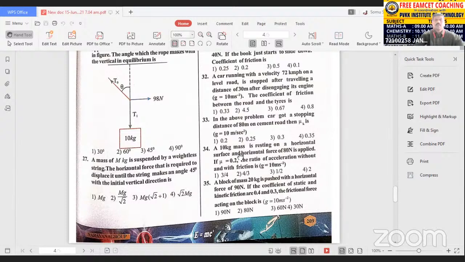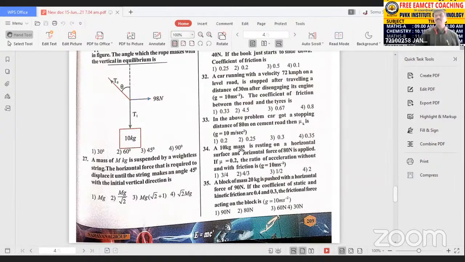Next, problem number 34. A 10 kg mass is resting on a horizontal surface and a horizontal force of 80 Newton is applied. If mu is equal to 0.2, find the ratio of acceleration without friction and with friction.